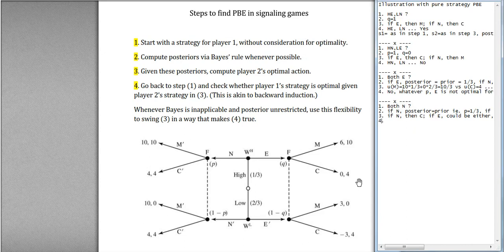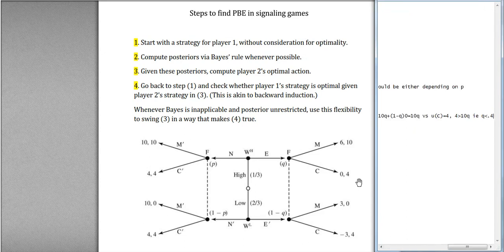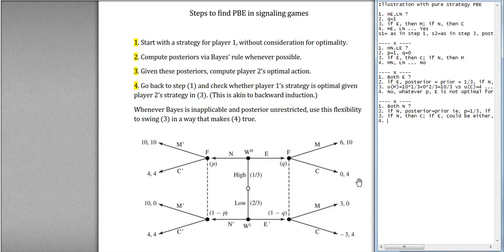Then it is indeed optimal for the firm to choose to make that person a clerk, and therefore for the high ability person, closing the loop, it would then indeed be optimal not to get educated, anticipate being made a clerk and getting a 4, rather than getting educated and still be made a clerk but get a 0. So the answer here is yes, and therefore the equilibrium here is that the strategy of player 1 is, as in step 1, not get educated, whatever the type.